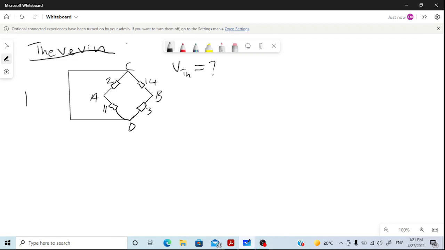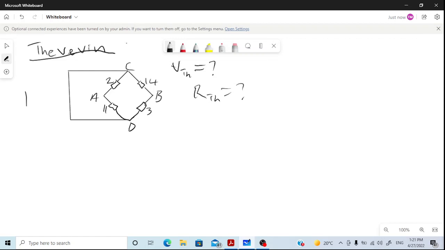This is our focus right now. We need to calculate our Thevenin voltage. Okay, I'm sorry, I made a mistake. Yes, we need to get Thevenin voltage, but right now I'm looking for R Thevenin. So how can you minimize all these resistances into one?